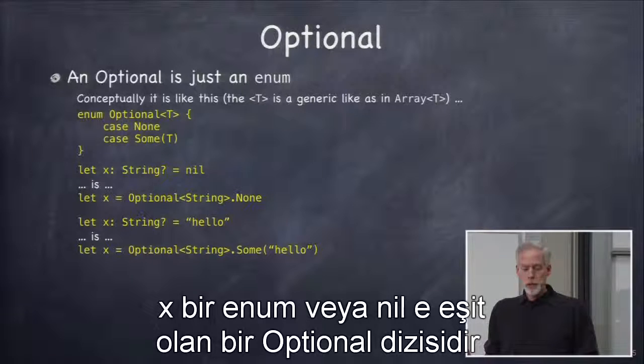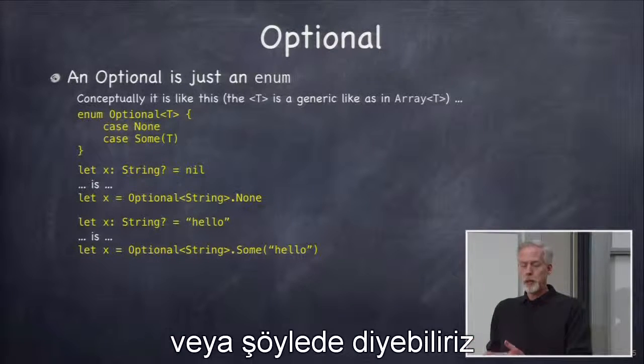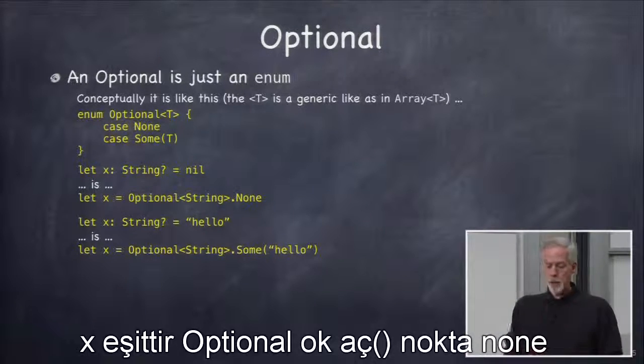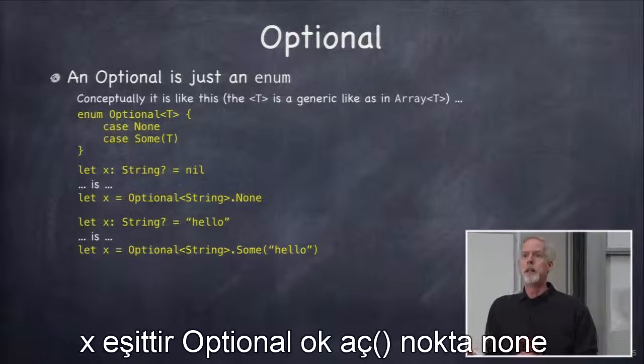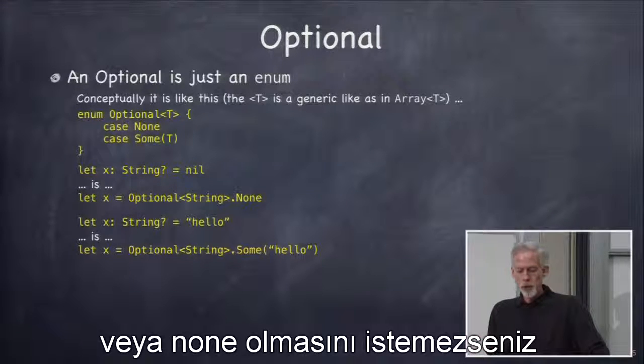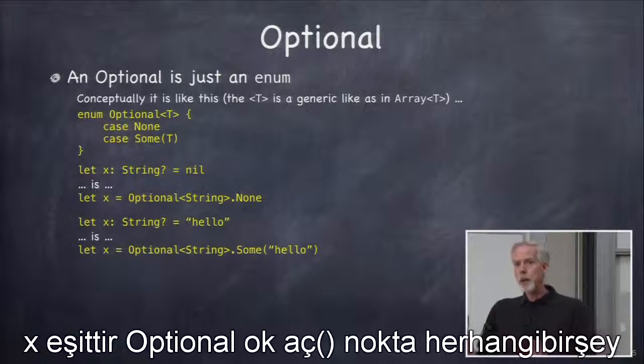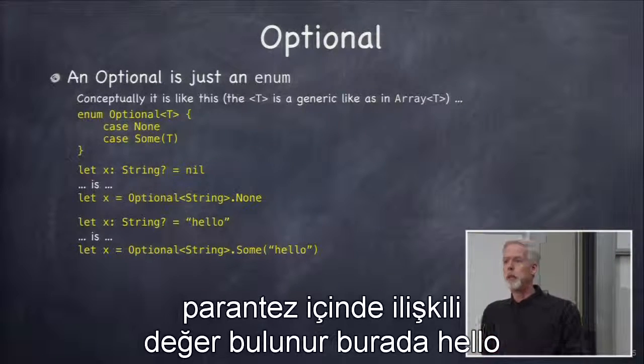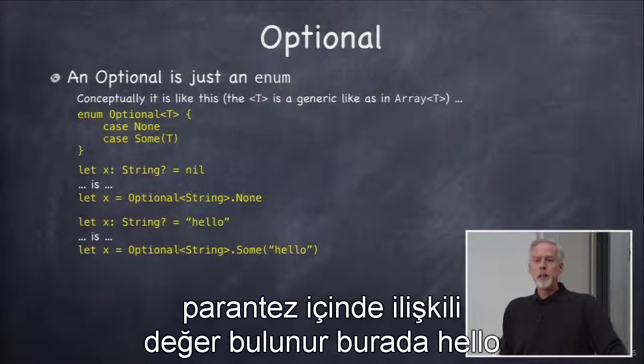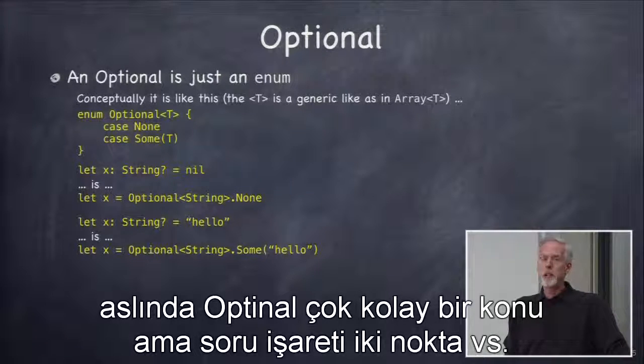Saying x, which is an optional string, equals nil, would just be saying x equals Optional angle bracket String dot none. Okay? Or if you're setting it to not be none, you would say Optional angle bracket String dot some, parentheses, the associated value, which would be hello. Does that make sense? So optional is really actually super simple.